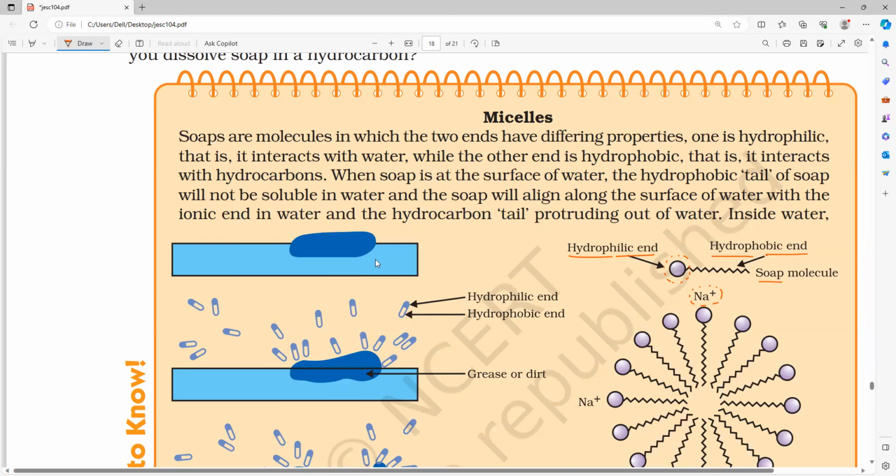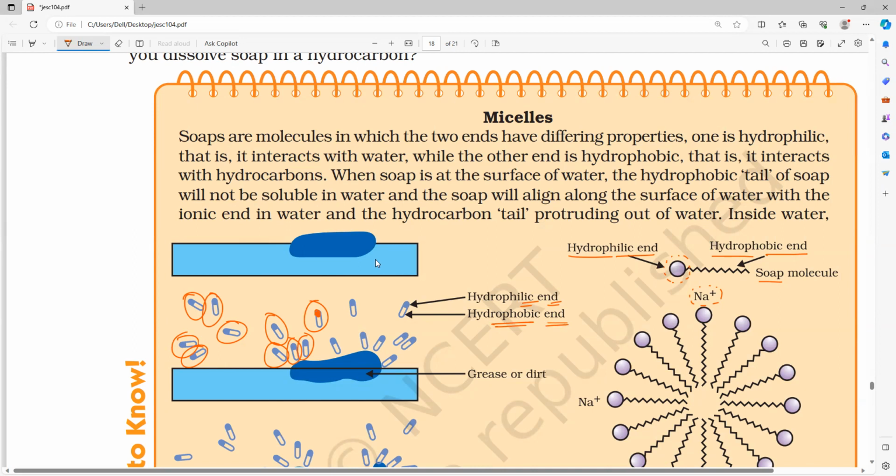Please note it, everybody. Whatever you are seeing here in blue is a soap molecule. Everywhere the shaded region is the hydrophilic end, and the unshaded region, the tail part, is the hydrophobic end.